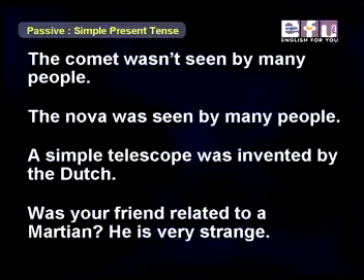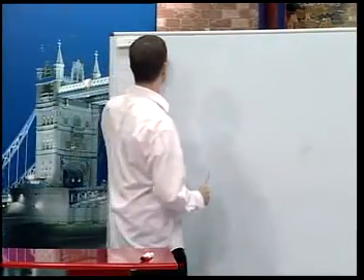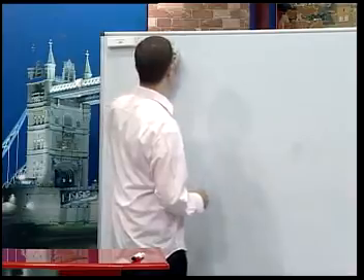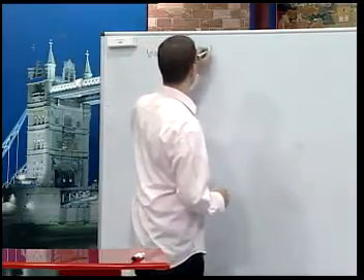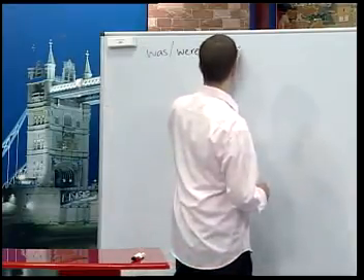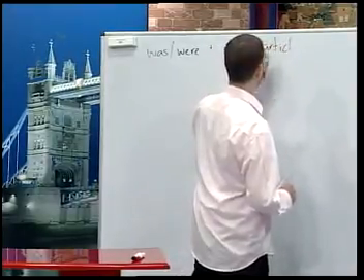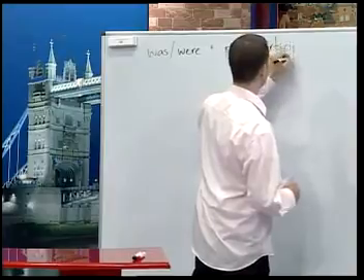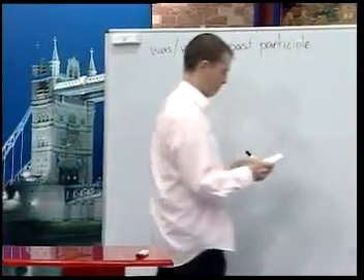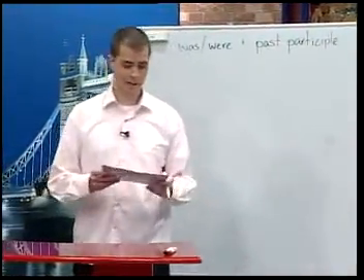Was your friend related to a Martian? He is very strange. For the simple past, we use was or were plus the past participle.